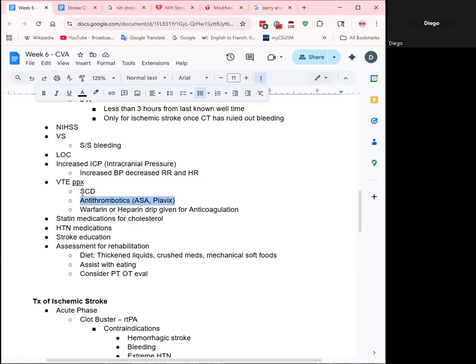Typically, the anticoagulants are going to be a bit better for prevention of venous clots, like DVT prevention, which is why you give heparin subcute. While the antithrombotics, like the aspirin and the Plavix, are better for arterial clotting, like the ones that lead to strokes, the ones that lead to MIs.